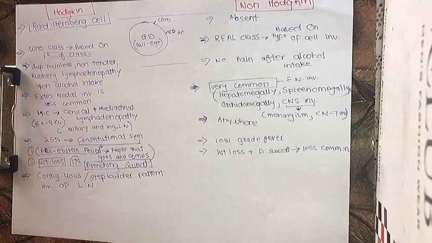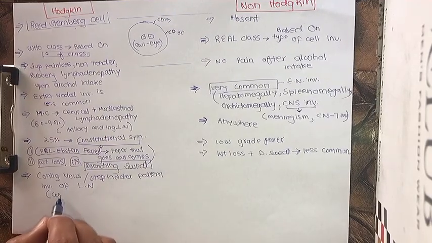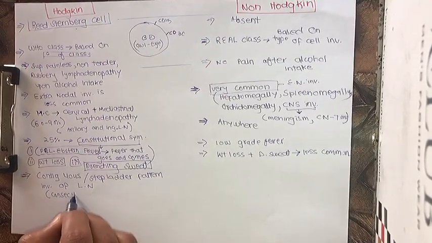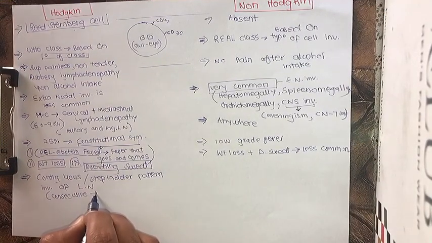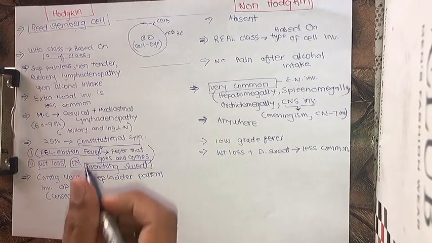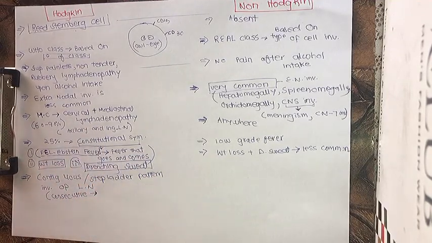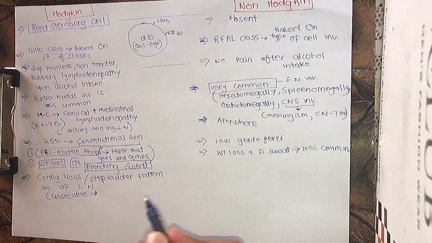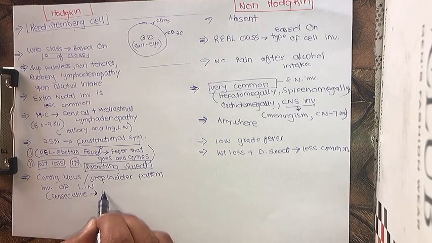Contiguous stepladder pattern involvement of lymph node means a consecutive pattern, meaning it will go on with cervical, then mediastinal, then axillary, then inguinal, like that. It will go in a pattern, like in a sequence.